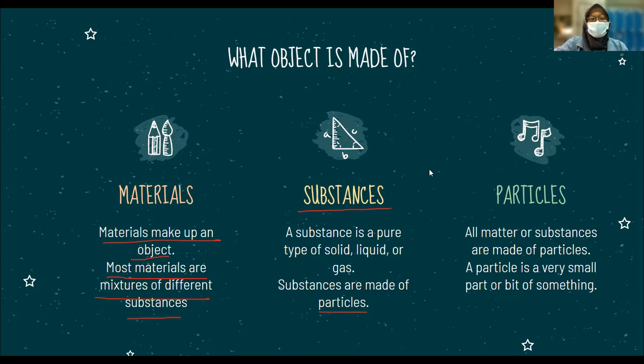You can imagine if you have a tissue, you can tear it and divide it into 2 parts, 3 parts, 4 parts, and if you keep dividing, you will find a very little part of the tissue. But particles are much smaller than that. We cannot even see particles with naked eyes. We need a microscope or another instrument to see the particles.